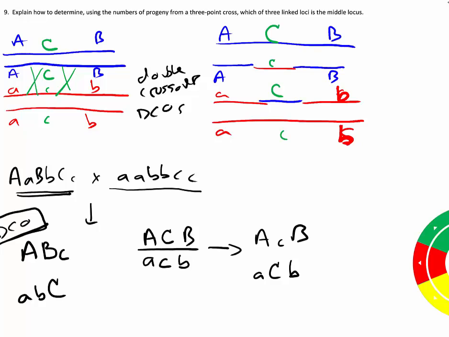This question is actually much easier to answer if we have actual 3-point cross data. But this is what they're getting at: if you can identify which ones are the double crossovers, you can compare those double crossovers to where you started. So here's where we started, and these are the kinds of gametes that we got out from our double crossovers. That tells us which one's in the middle.